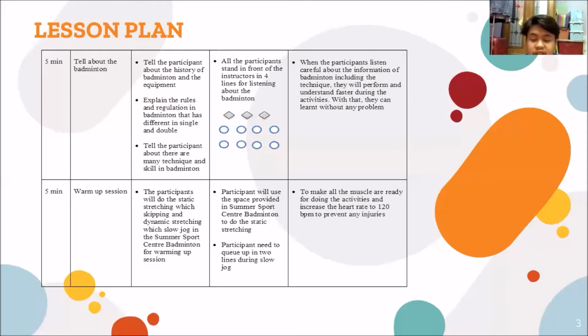In this warm-up session, the participants will do static stretching and dynamic stretching. The static stretching that we will provide is skipping, and for the dynamic we will do a slow jog. The warm-up session will be held at the Summer Sports Centre Badminton.